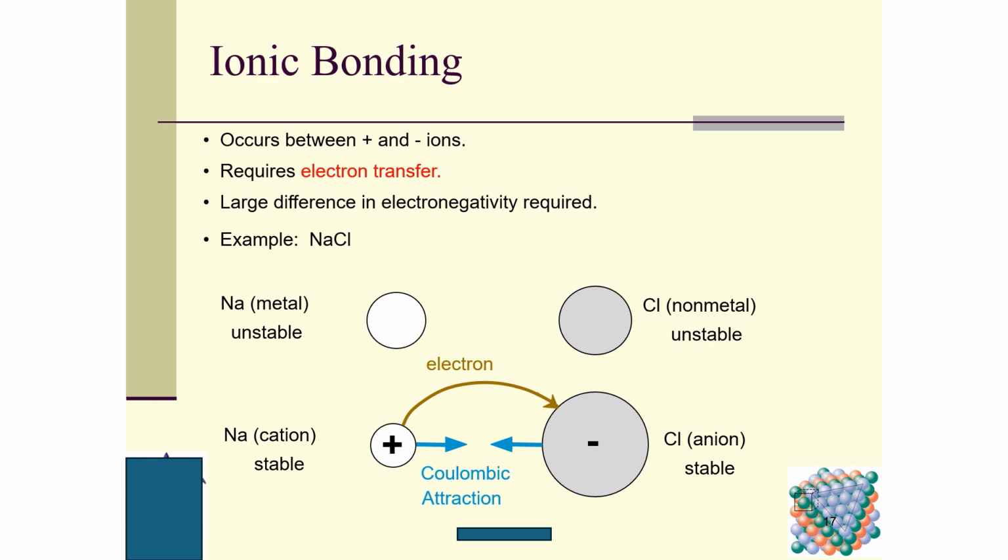But when these two meet each other, sodium becomes stable after it gives up the electron, and becomes a cation, a positive ion. Chlorine, Cl, obtains the electron from sodium and also reaches the stable state, becoming a negative ion, which we call an anion. So there is a Coulombic attraction between them.